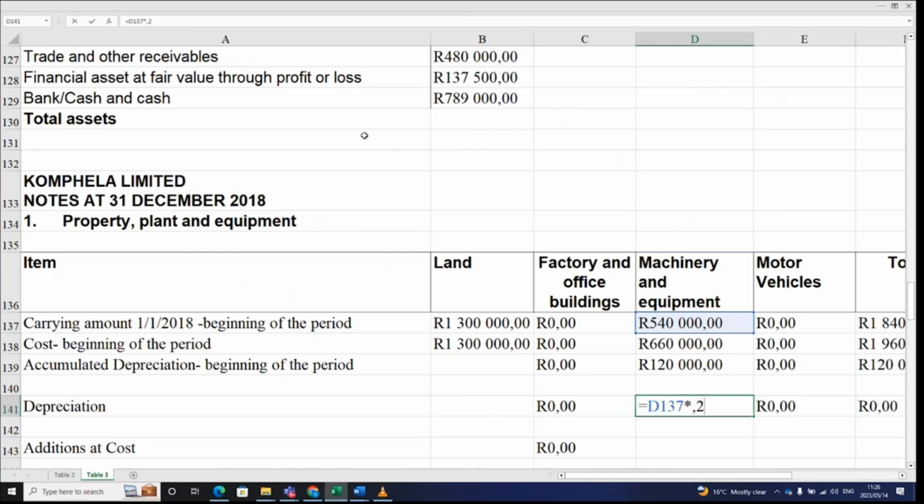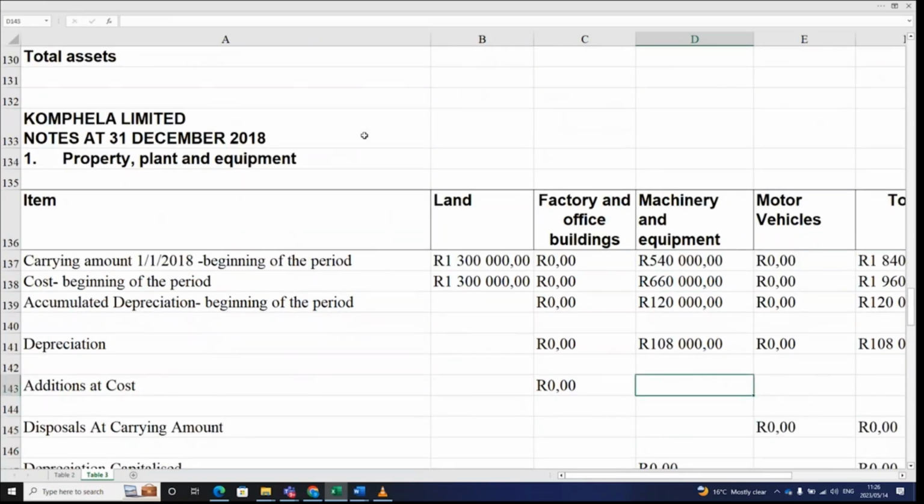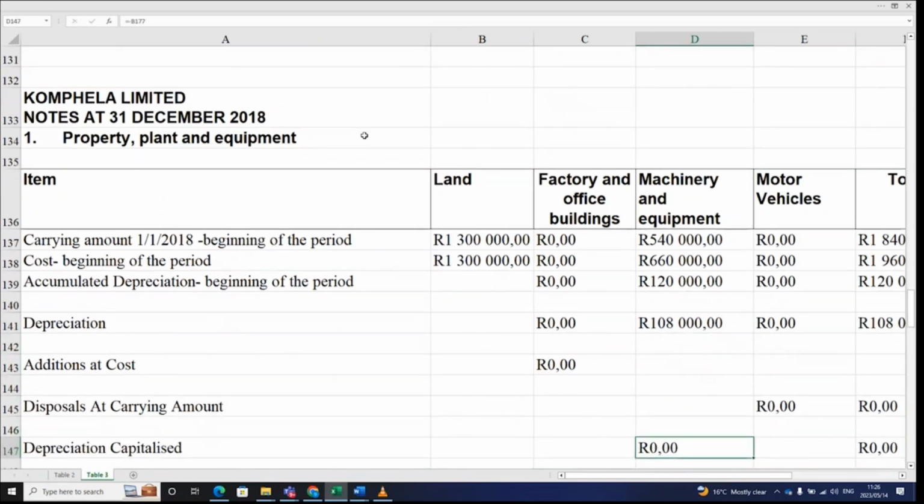But since now we want to split the depreciation from the depreciation capitalized, we need to apportion this for the period where it was not being used to construct this asset, and that is a period of 7 months.